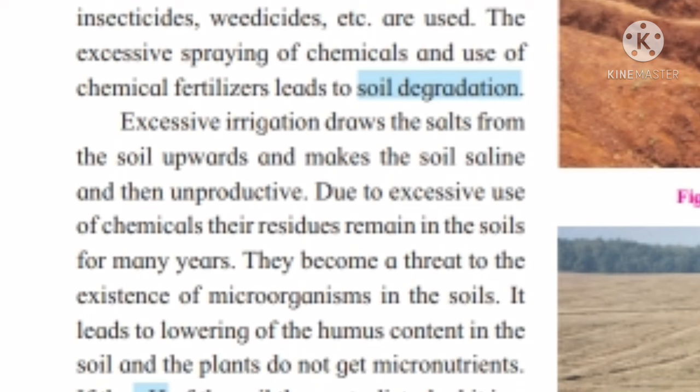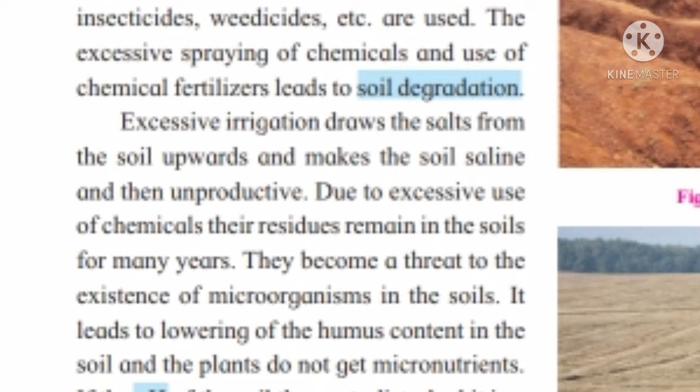Due to excessive use of these chemicals, their residues, their remains in the soil remain for many years. They become a threat to the existence of microorganisms. The microorganisms also cannot live in the soil because of them, and this leads to lowering of humus content in the soil, and the plants do not get micronutrients.